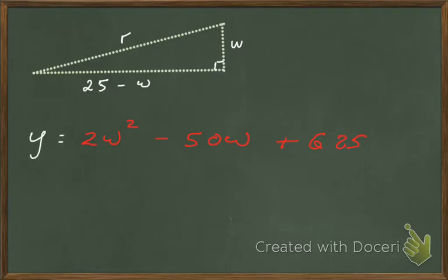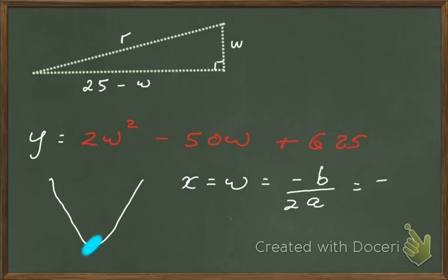Y is equal to, if you sketch this, it's simply going to be a parabola that has that type of shape, and the very important characteristic here is that it has a minimum turning point, and that minimum turning point we obtain where W, or X rather in our case, is equal to minus B over 2A.